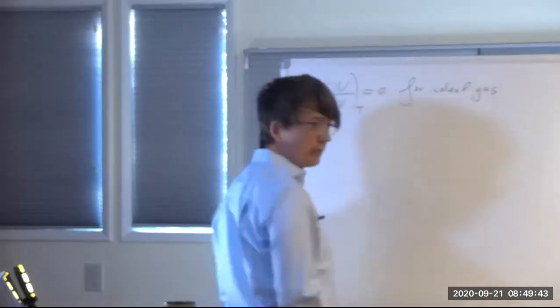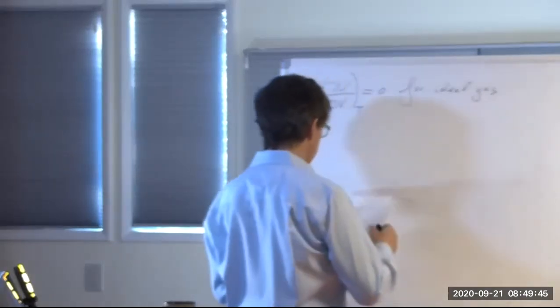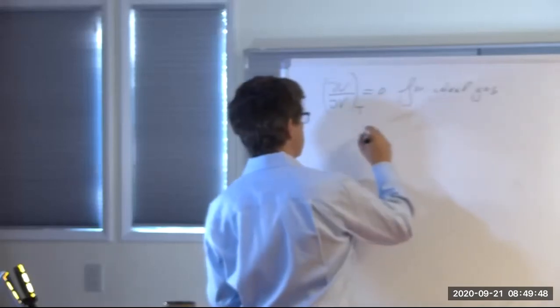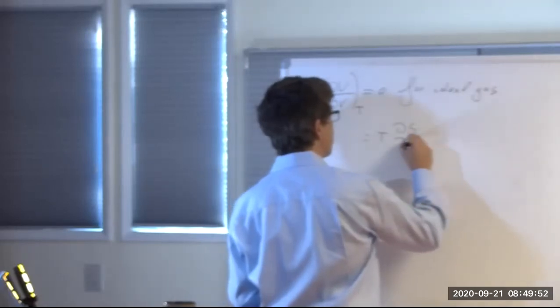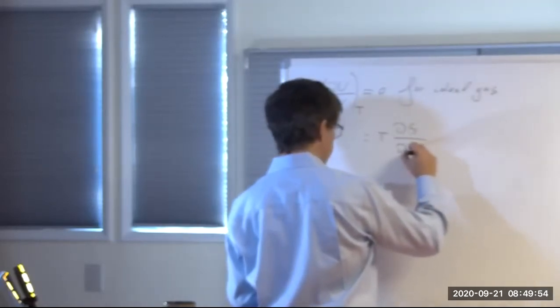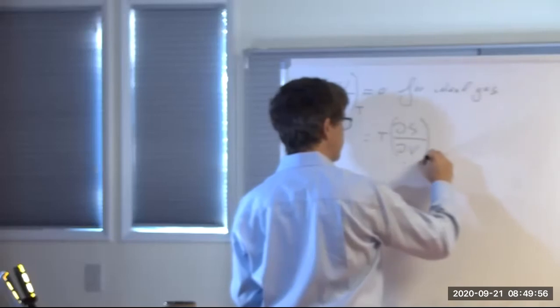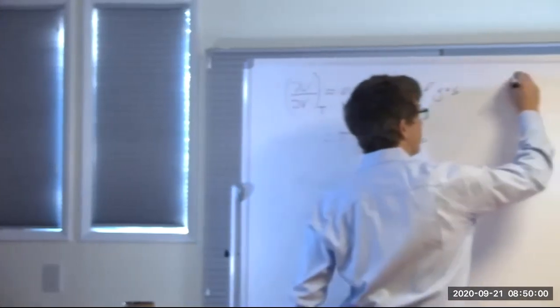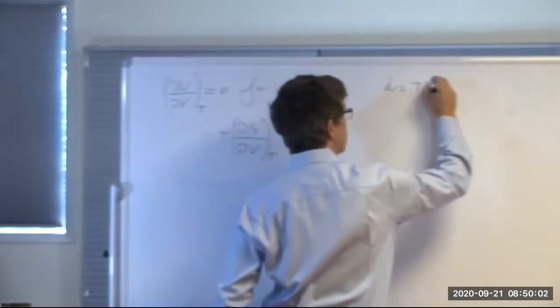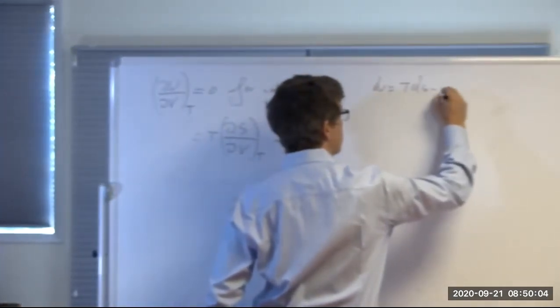I plug in what dU is. So this partial derivative is equal to T dS/dV at constant T minus P. And the reason is, of course, that dU is T dS minus P dV.